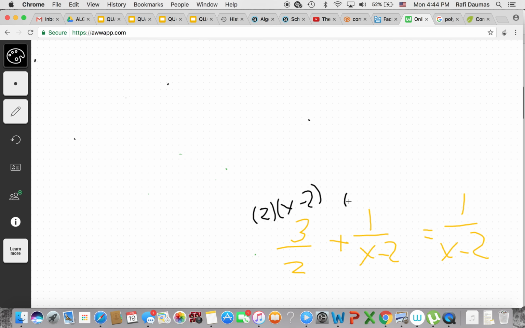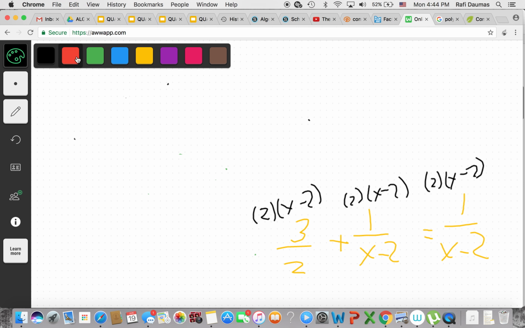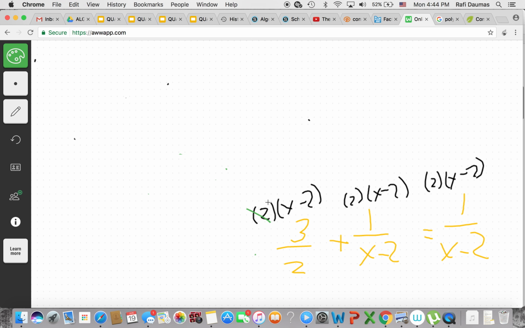So we write that in every single thing. Now this 2 cancels out, this cancels out, and this cancels out. So we have to multiply this to this, this to this, and this to this.